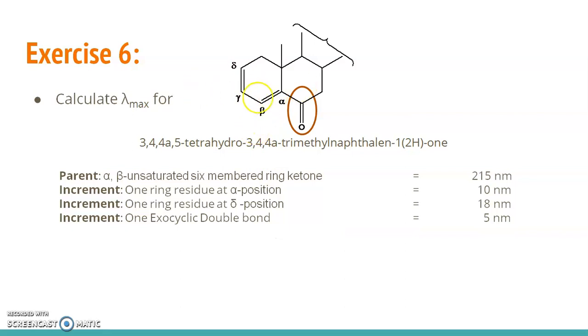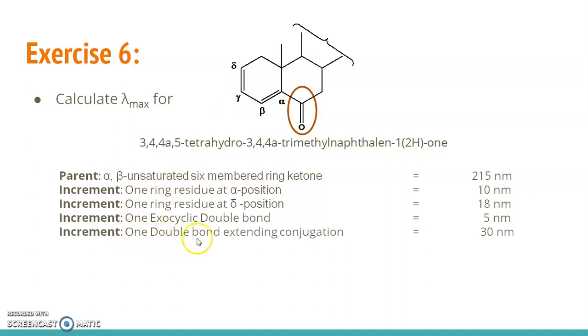Let me go for one double bond extending conjugation. So this is an alpha beta unsaturated carbonyl compound, and at this gamma and delta, there is an extended conjugation.